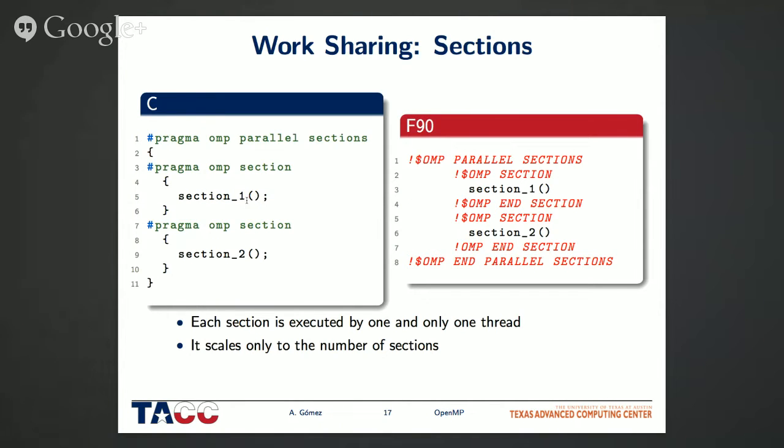Another construct for OpenMP is sections. The idea behind them is that you create a sections block, and inside of that block, you create independent sections. Each section is going to be executed by one thread, and only one thread. This was originally used to create tasks, the idea of tasks that was later introduced in OpenMP 3.0.